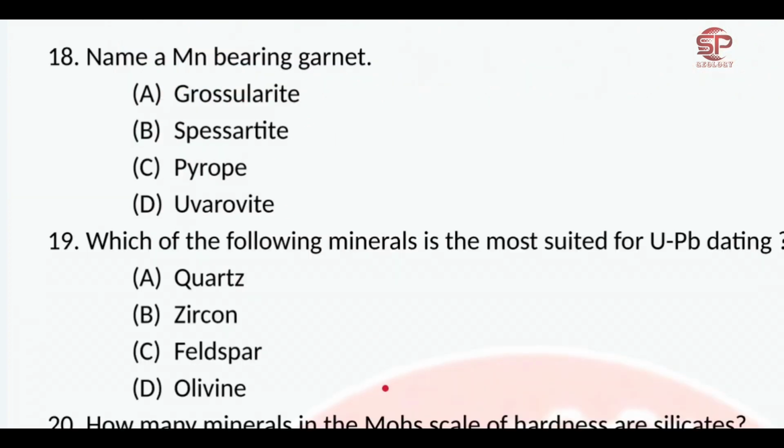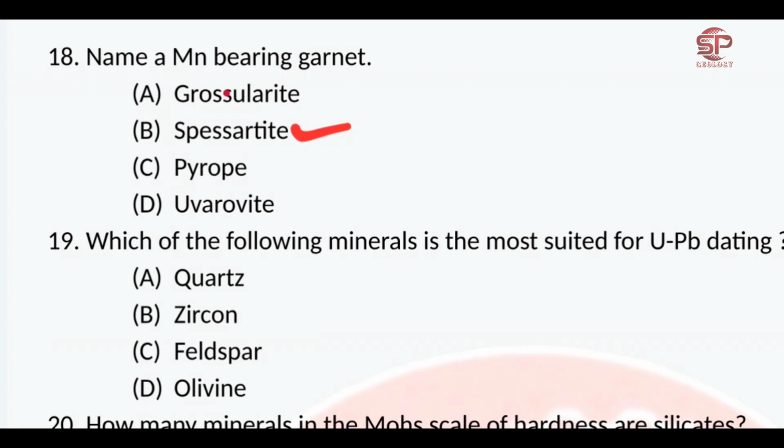Then Mn-bearing garnet, so spessartine is the special type that is Mn bearing, Mn3Al2. Grossular is aluminum bearing, Ca3Al2. Pyrope is Mg bearing, Mg3Al2.